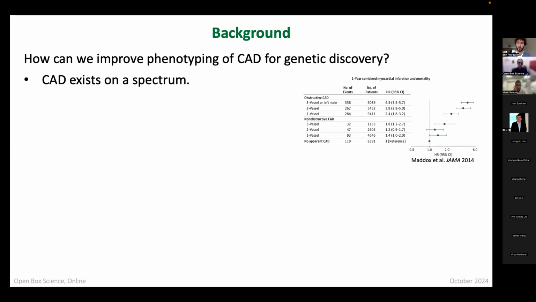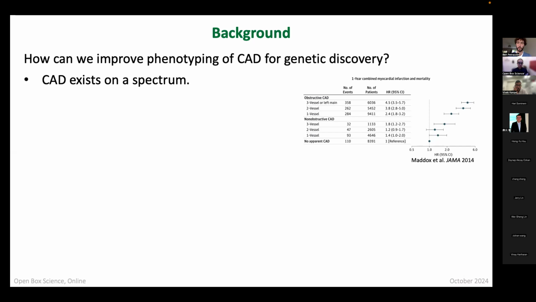This is work from Ian Forrest, an MD PhD student at Ron's lab. And the goal here was to try to develop a non-invasive in silico tool to measure this spectrum.